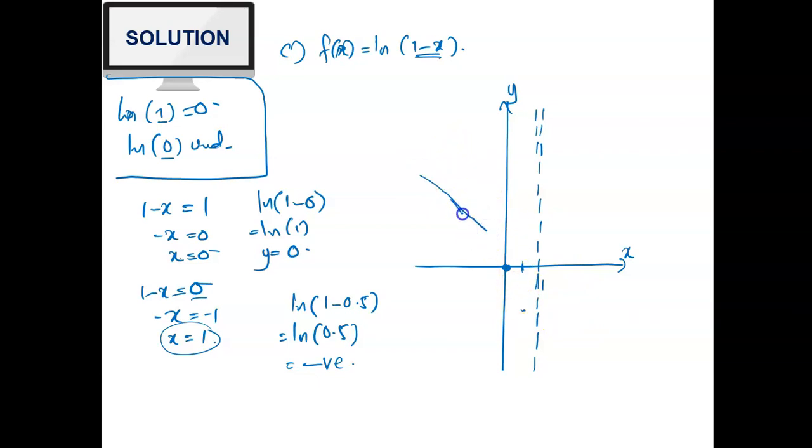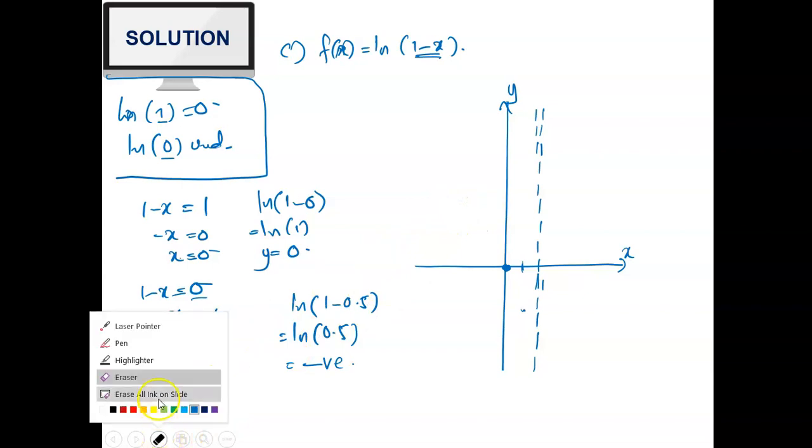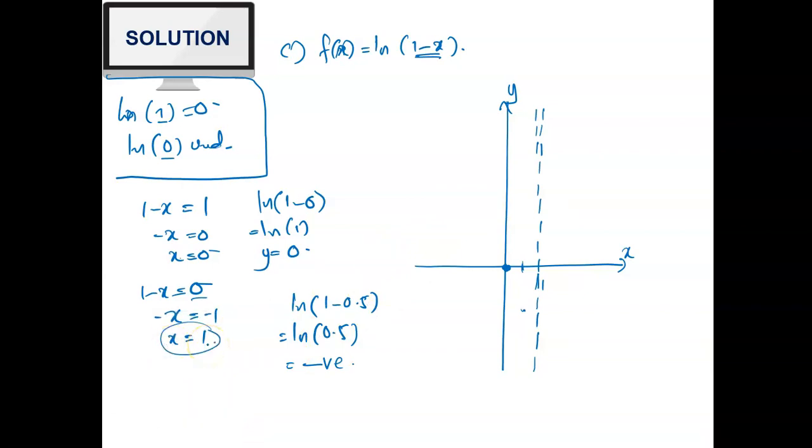Okay, this is what we call the difficult part of sketching this kind of graph. I need to adjust my hand. Okay, cut it here and slope down there. Okay, there you go.